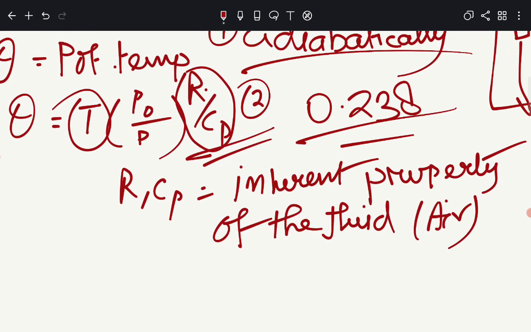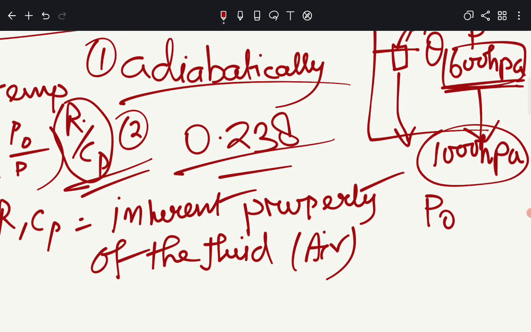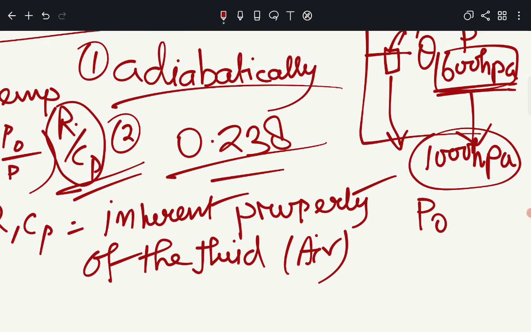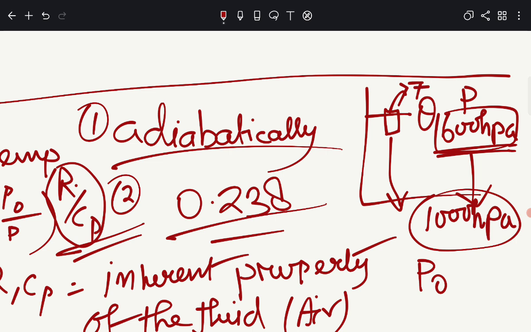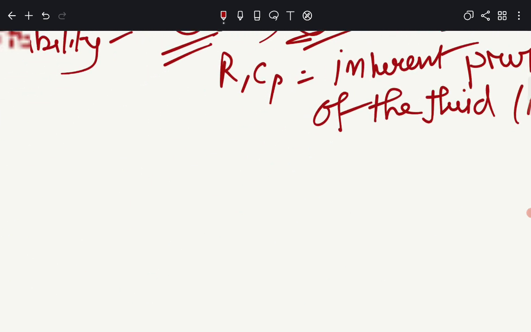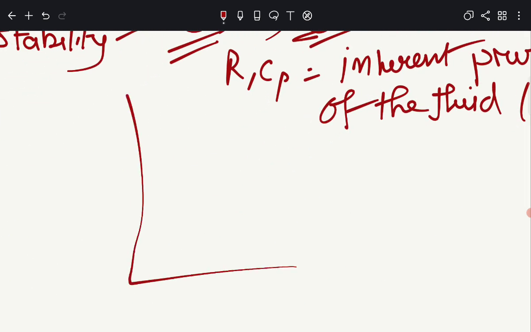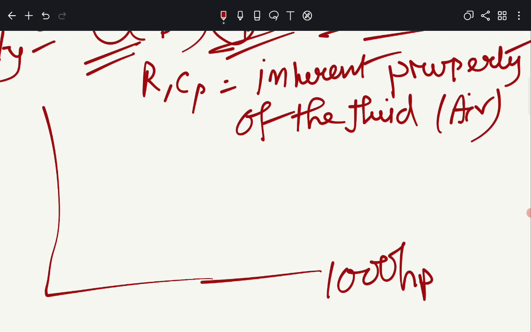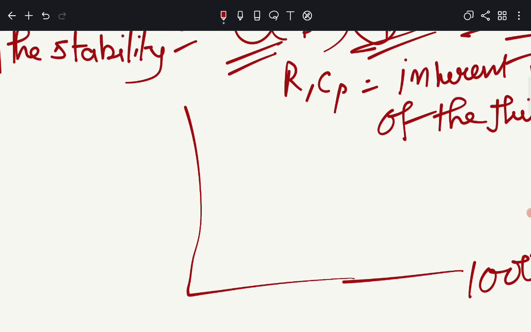So how can we calculate theta from the inherent temperature the parcel must have at that level? At the 600 level, the inherent temperature is T. So if this is the atmosphere and this is 1000 hectopascal, and we want to calculate potential temperature at 600 hectopascal, we first need an air parcel.